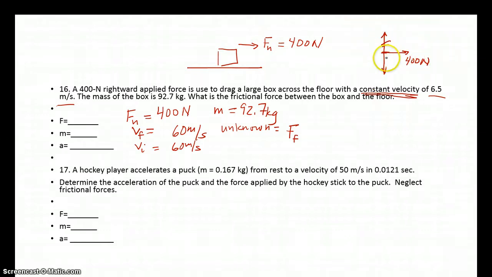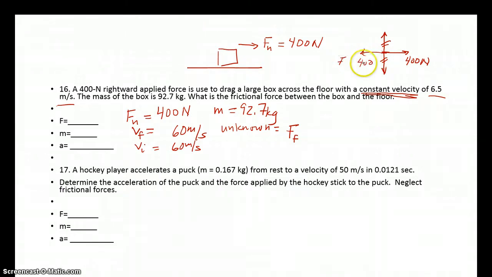These two are equal because the object is not moving up or down. And so now I am looking for my frictional force. Well, first of all, it says constant velocity, so I know that my force diagram has to be balanced. So if 400 newtons are moving this direction, how many newtons of force are moving that direction? 400. That's my frictional force.